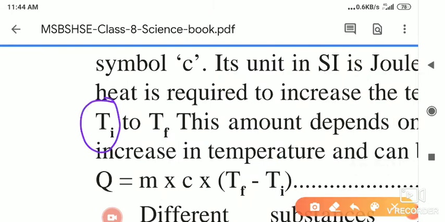Ti means initial temperature and Tf means final temperature.